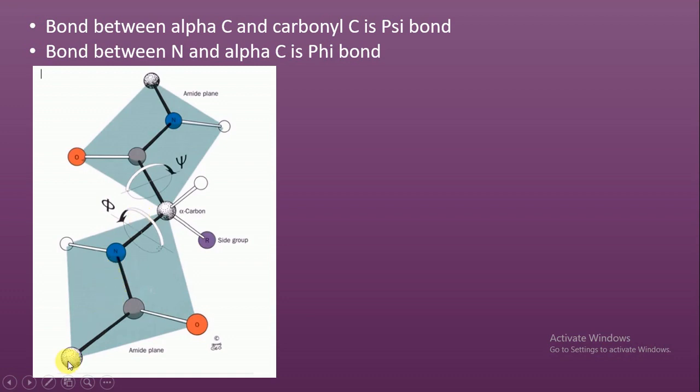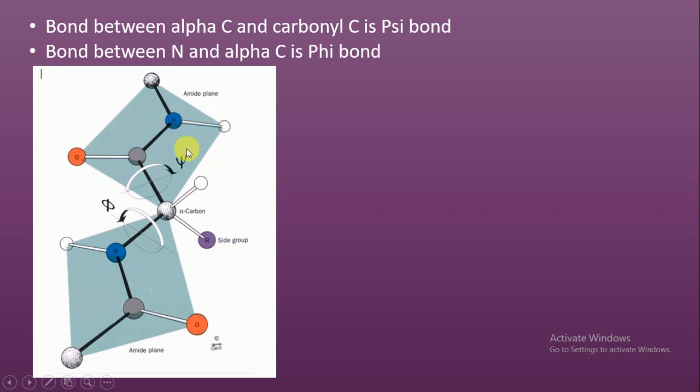Okay, now this is the structure of alpha carbon. This is carbonyl carbon, this is nitrogen, again alpha carbon, and this is carbonyl carbon, and this is nitrogen, and this small structure that you see here, these are the hydrogens. This is hydrogen.